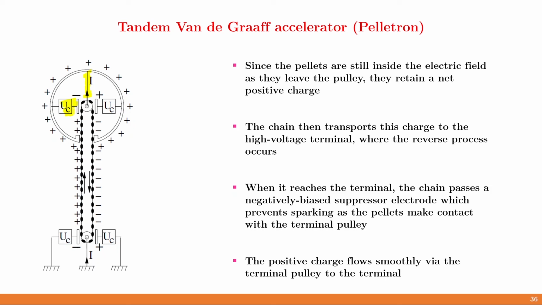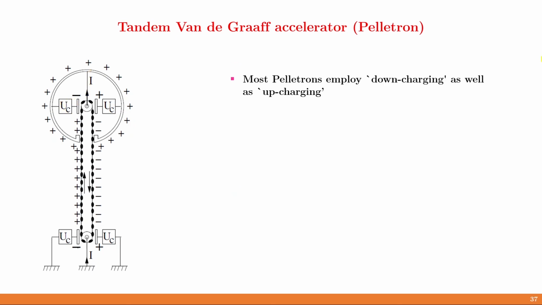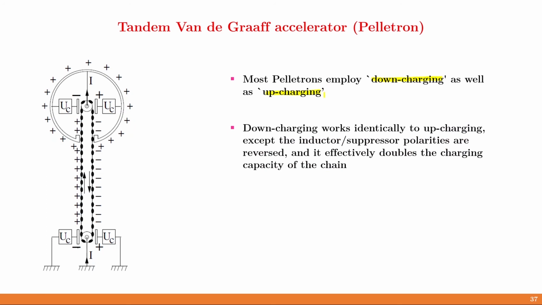The positive charge flows smoothly via the terminal pulley to the terminal. Most pelletrons employ down charging as well as up charging. Down charging works identically to up charging, except the inductor or suppressor polarities are reversed, and it effectively doubles the charging capacity of the chain.